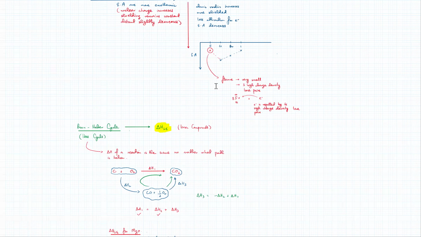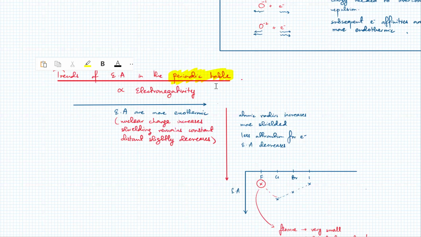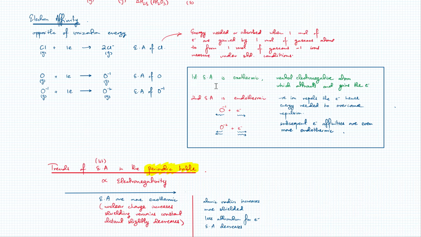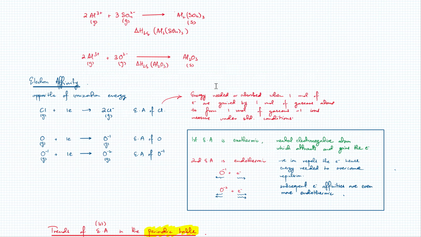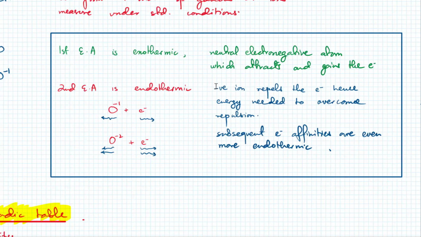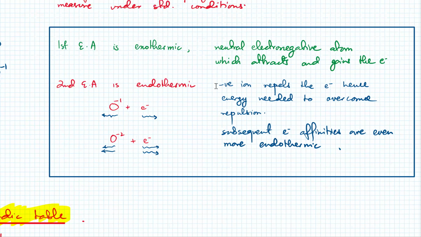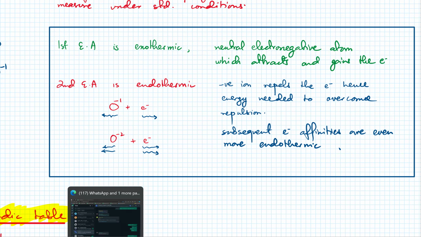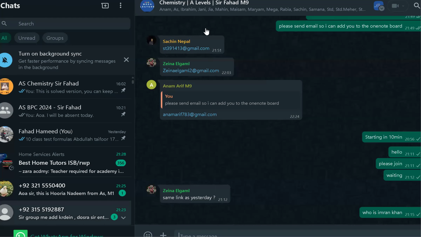I told you that the first electron affinity is exothermic, so the arrow should go downwards, while the second electron affinity is endothermic. In the case of oxygen, I'm making it gain 2 electrons, so I'm not really sure what the electron affinity is, because the first one is exo and the second one is endo. So together, whether it's endo or exo, I'm not really sure.